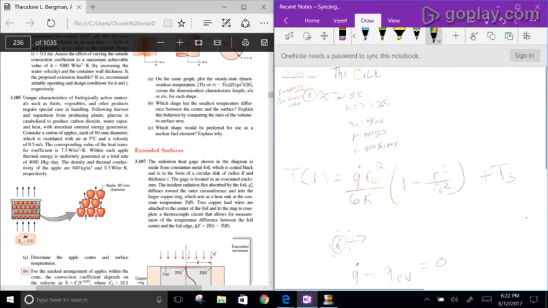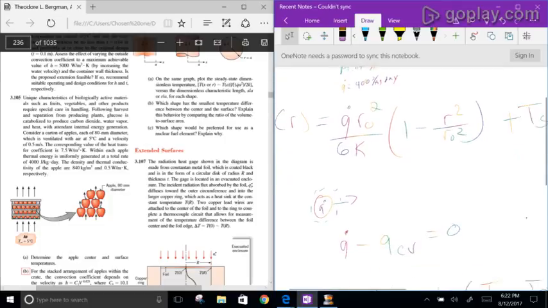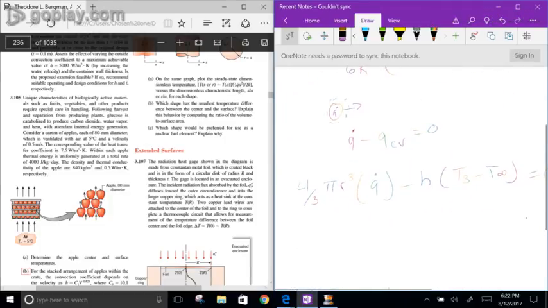It gave us a weird volumetric number, which is 4,000 joules per kilogram per day. So we have to convert that into watts per meter cubed.